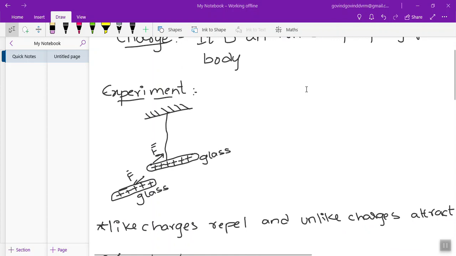So we come to the conclusion that the charge acquired by them is alike, and like charges repel each other. Conducting some other experiment with some other bodies, we come to the conclusion that unlike charges attract each other.